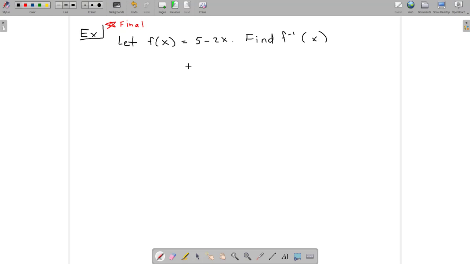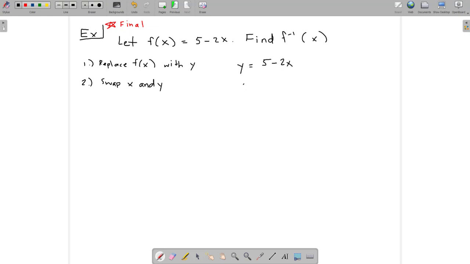Good to know. So first step is to replace f of x with y. So let's do that. Instead of f of x, I will write y equals 5 minus 2x. Second step is to swap x and y.